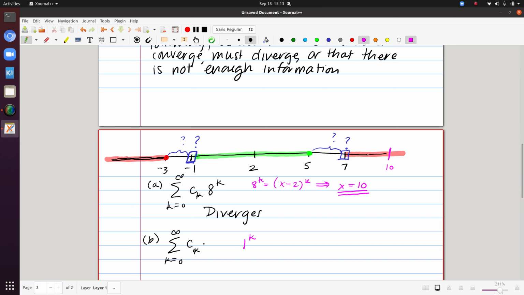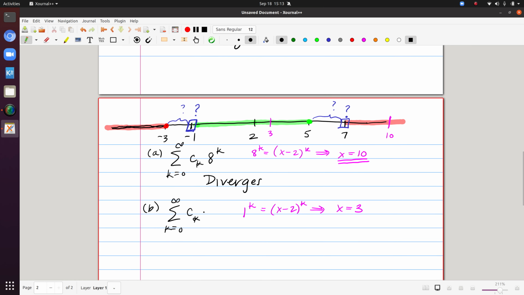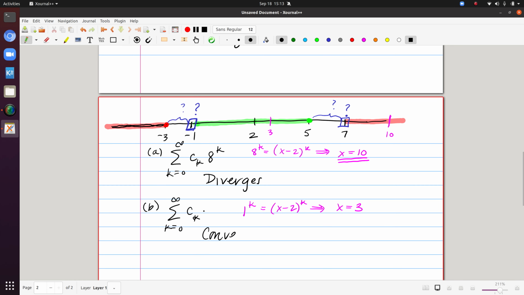So 1 to the k is technically what I could envision multiplying by c sub k. And we're trying to match that up to x minus 2 to the k. And that would imply that x is 3. I find 3. 3 is here. And again, that falls into my region where I know that the power series converges.